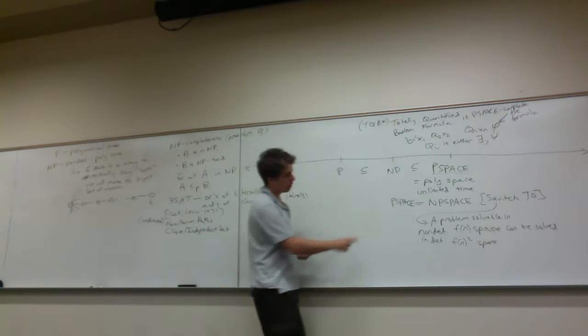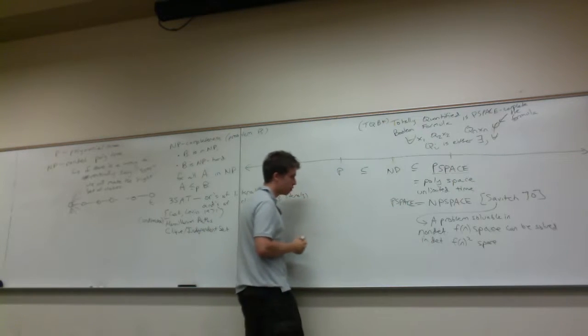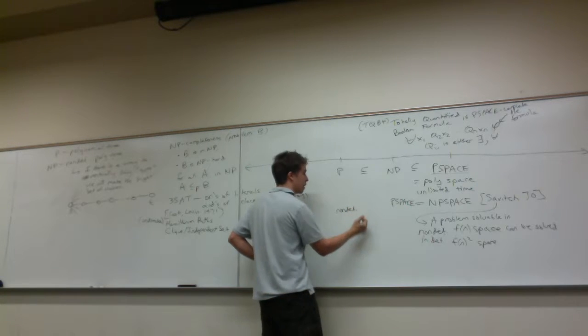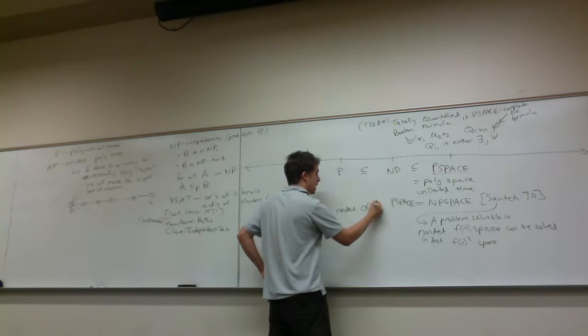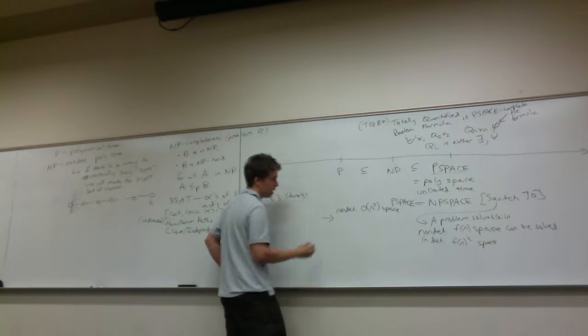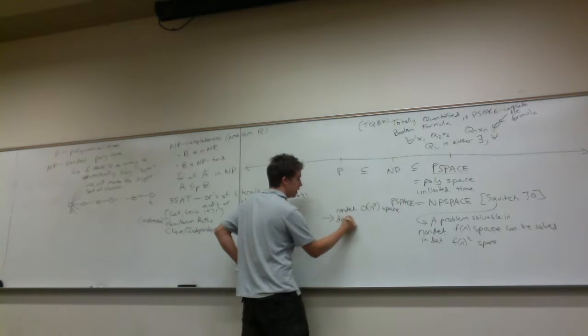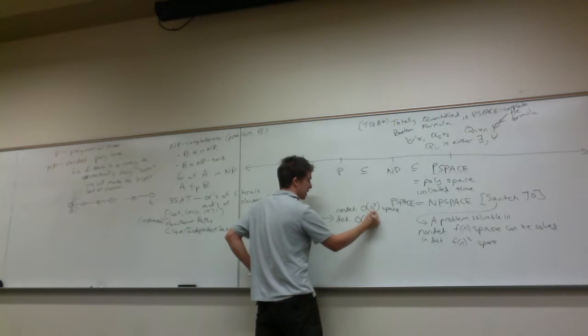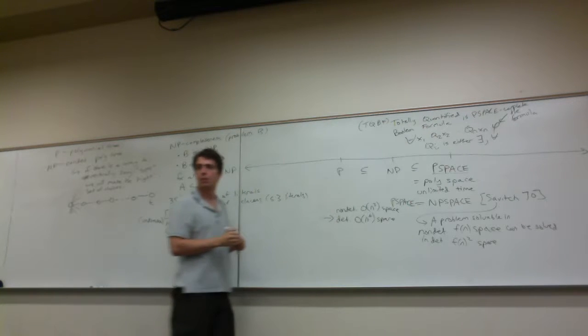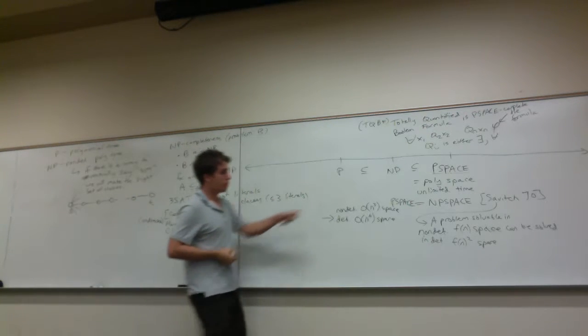So essentially, let's just say that we have a problem that runs in non-deterministic, let's just say n cubed space. By Savitch's theorem, there's a deterministic O of n to the sixth space algorithm for the same problem. Okay? So think about it.